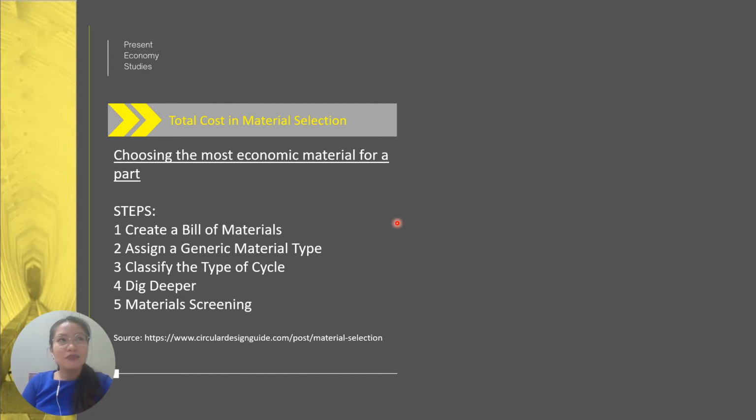This is in relation to our DFE topic that I mentioned in our previous lesson. So material choices play a fundamental role in designing. By choosing only safe and circular materials, you can ensure that products are safer to both humans and the environment, and that the material used to make them can be reused without causing contamination.